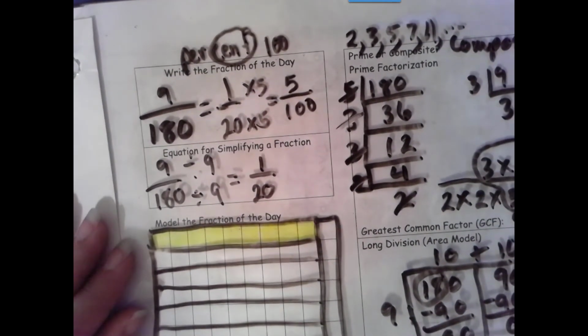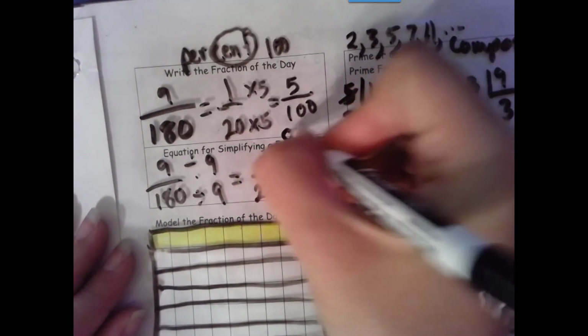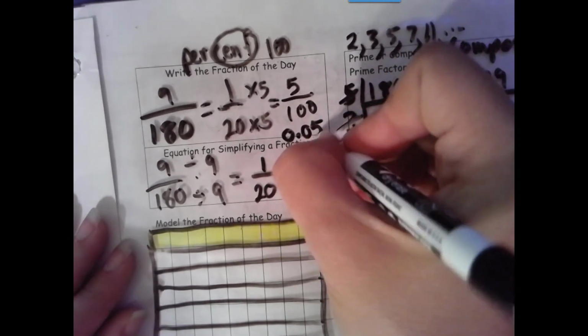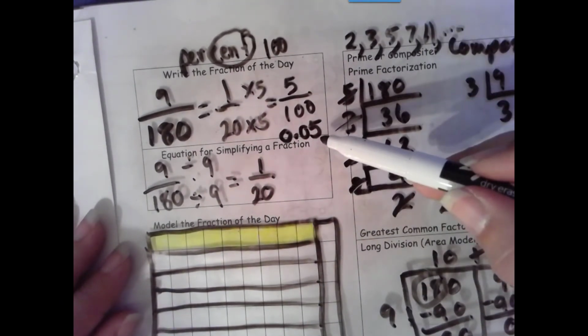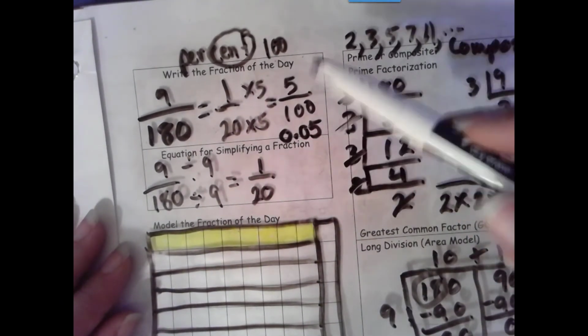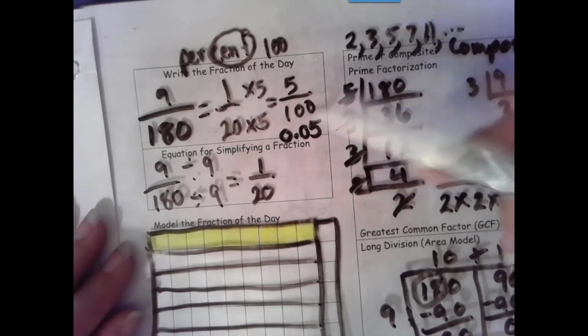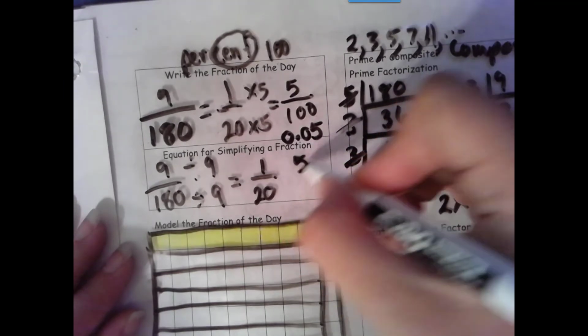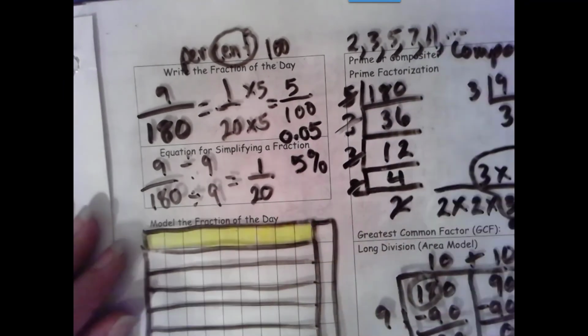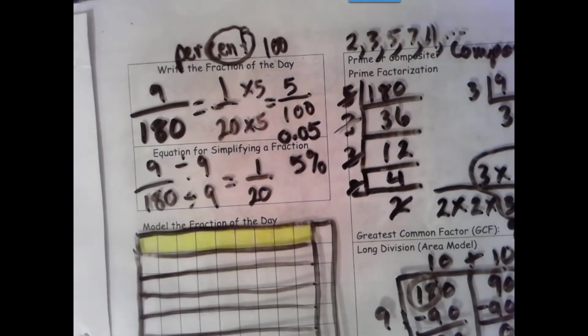As a decimal, this would be 0.05, 5 hundredths. And it's also 5 per 100 or 5 percent. So today is 5% of the school year. We have 95% left.